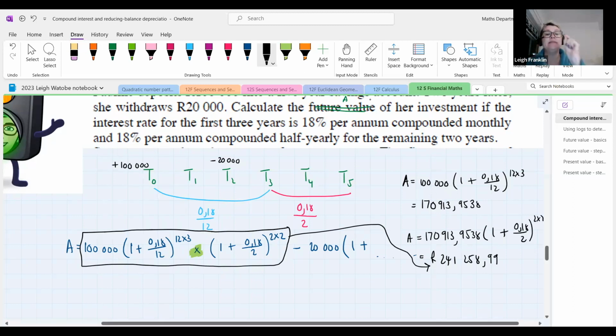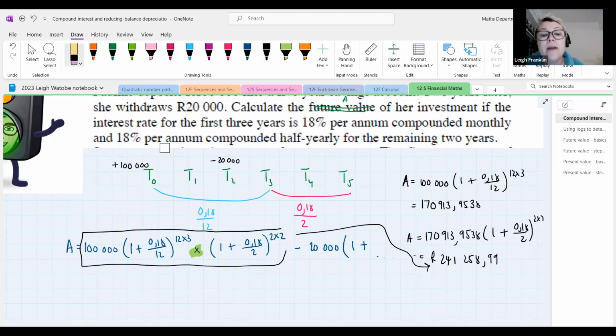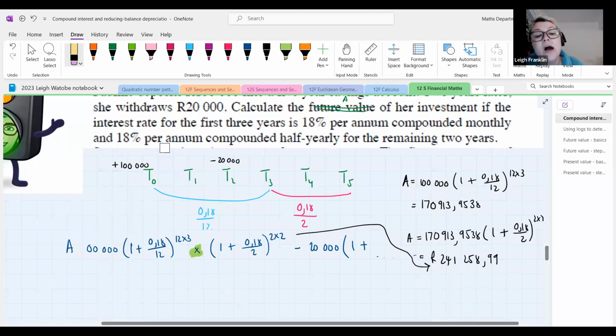If money is deposited in the account, it will be a separate term. Remember, terms are separated by plus and minus signs. So it will be a separate term with a plus. And if money comes out of the account, it will be a separate term like this one over here with a minus. Does that make sense to you?